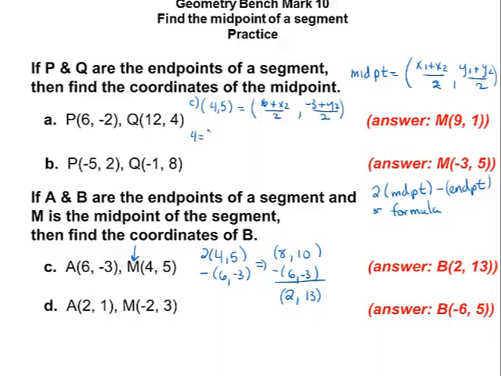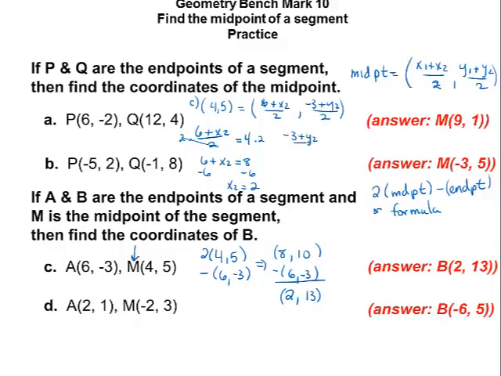So actually I'll write it the other way so it makes a little bit more sense. 6 plus x2 divided by 2 is equal to 4. You're going to need to multiply both sides by 2 to cancel this out. So 6 plus x2 is equal to 8. And then subtract 6 from both sides, so you get 2. And then you'll do the same thing with the y's.